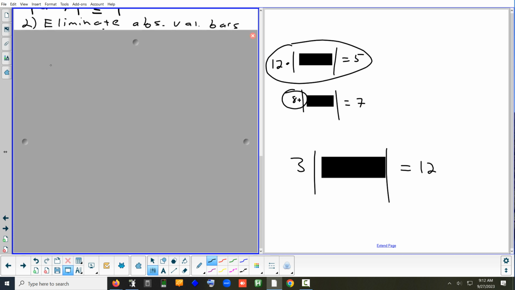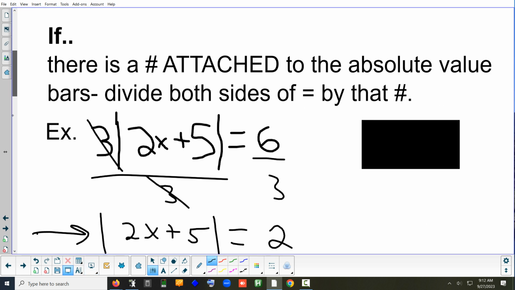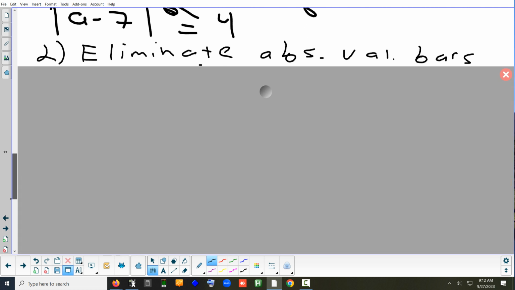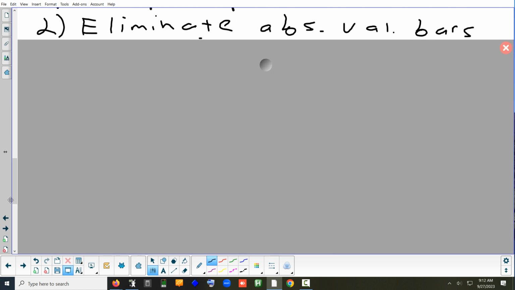Okay, so step 2. On your guided notes, we're right below where we just did the plus 14 and the divide by 6. Step 2 is to eliminate the absolute value bars. So now we're going to get rid of them.